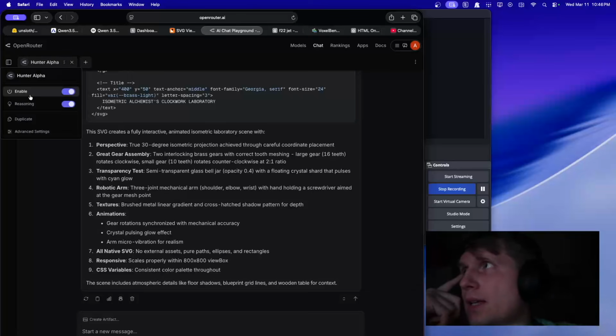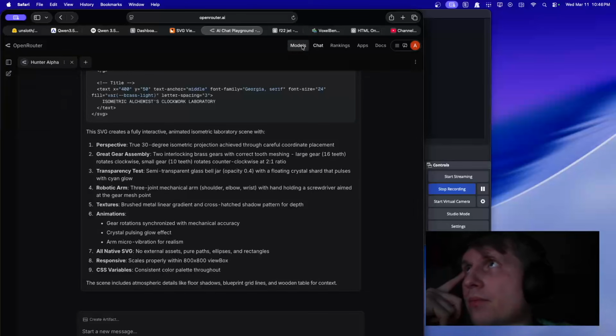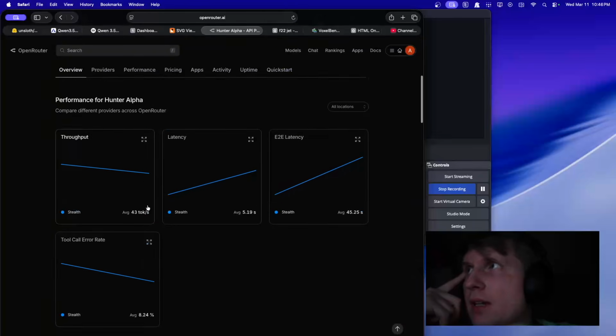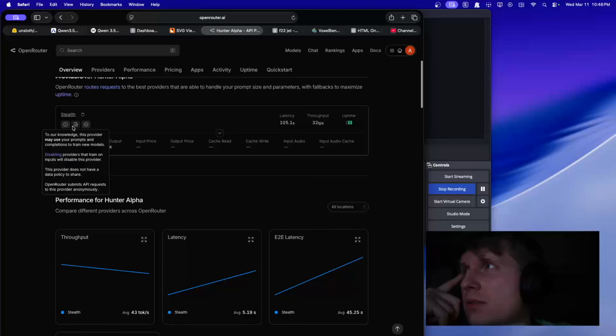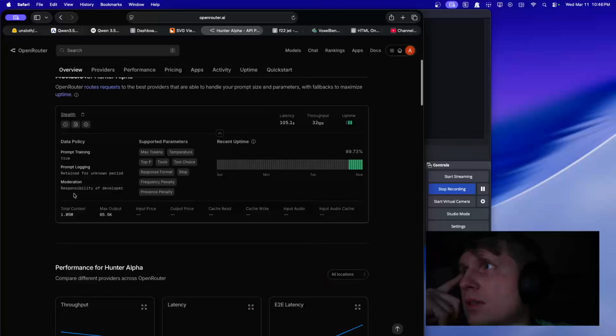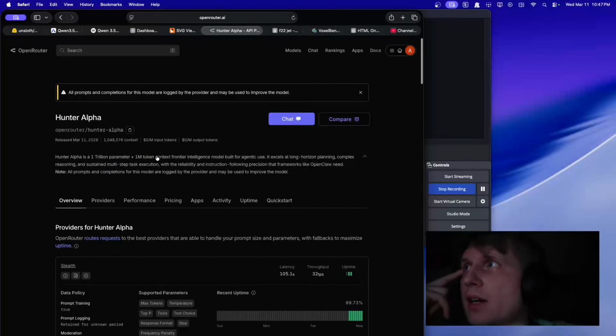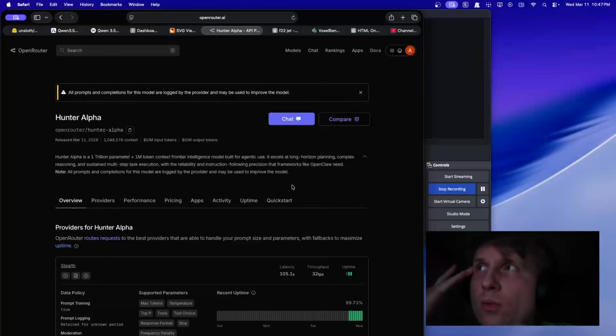And yeah, if I go to models, I don't think this is at full weights. I don't think it actually shows me. No. Yeah, it doesn't show anything regarding weights, and then it just says that it's good for OpenClaw right now.